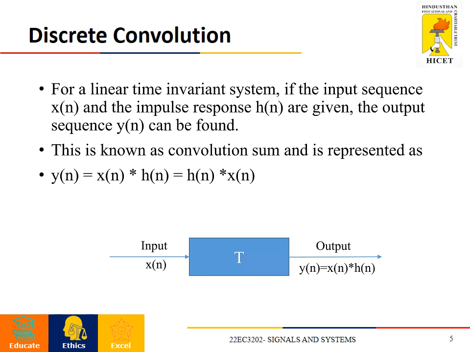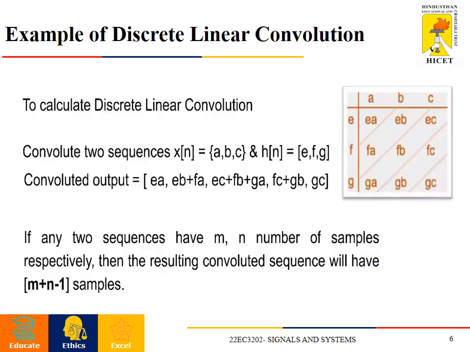This is known as convolution sum, and it is represented as y of n equal to x of n convoluted with h of n, or h of n convoluted with x of n. Both are the same. The below diagram represents the convolution. Here the input is x of n and the impulse response is h of n. Both are convoluted to get the output y of n.